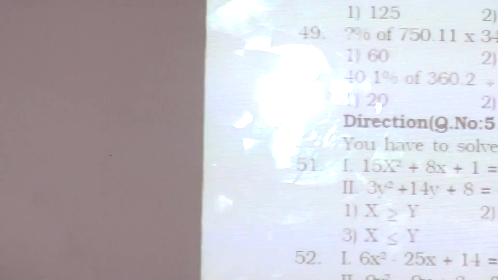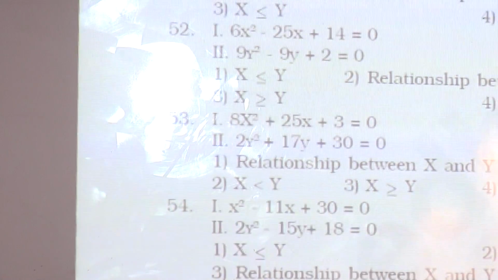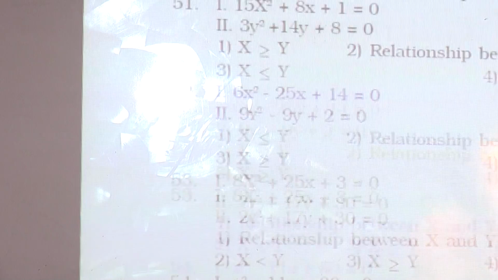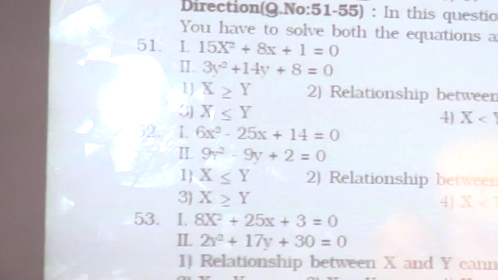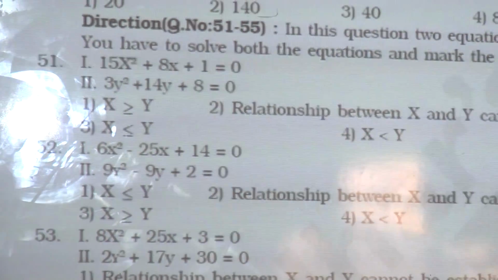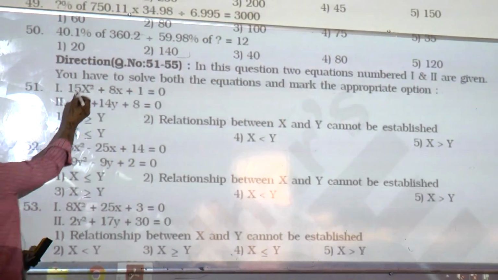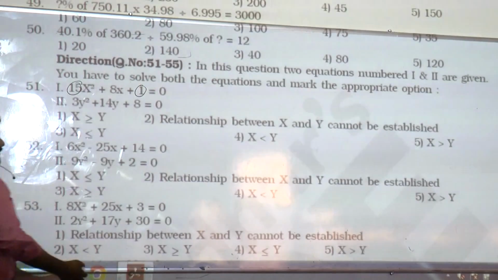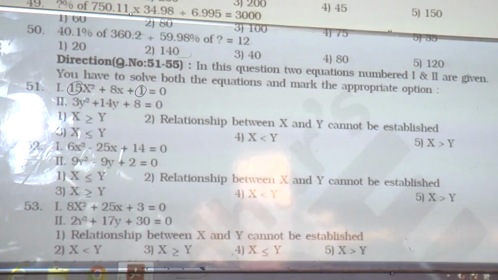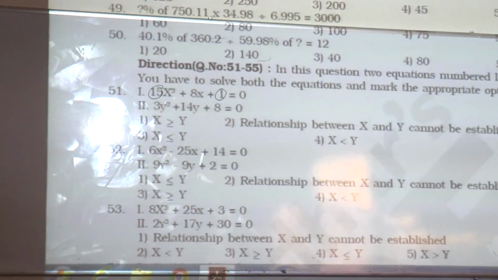Right, 51 to 55, quadratic equation. See, if you want to do it like this, this is A and this is C. Try to write those numbers as a product of two numbers.